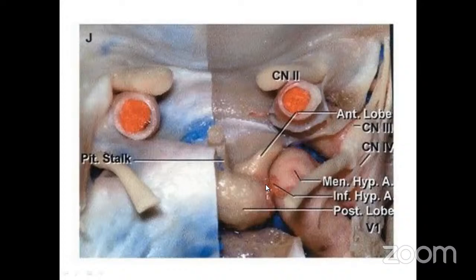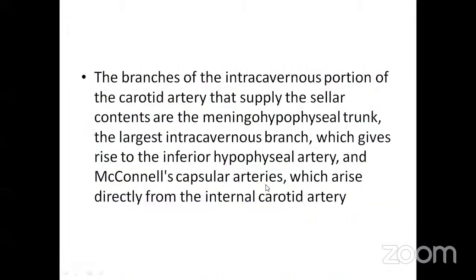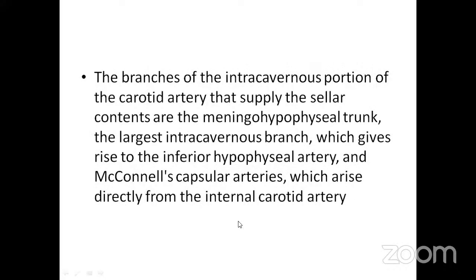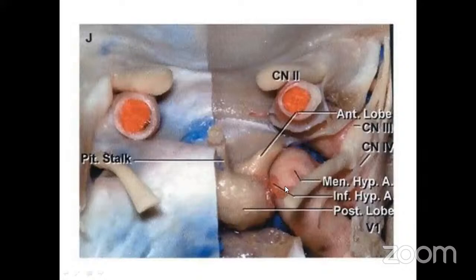The capsular arteries also arise at the same level. They are frequently absent, and if present, they arise from the medial side of the carotid artery and pass to the capsule of the gland to supply it. They arise from the cavernous segment of the ICA.